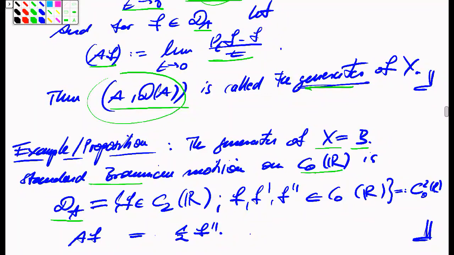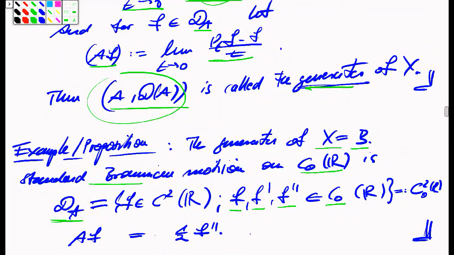space C2(R), and here I should change the notation. I did inconsistent notation. My notation for that space should be like this. So I consider the collection of functions which are twice continuously differentiable on the real line, such that the function itself, the first derivative and the second derivative are all functions which vanish at infinity.